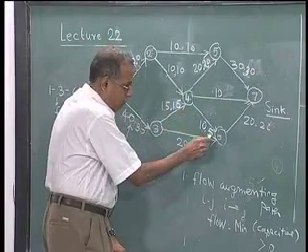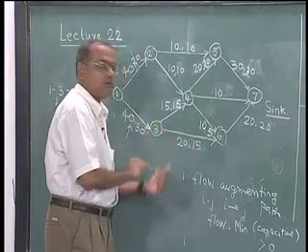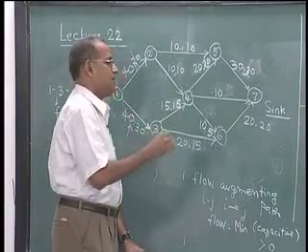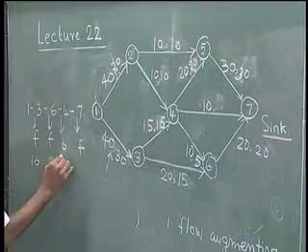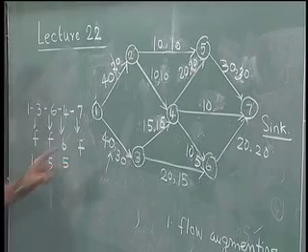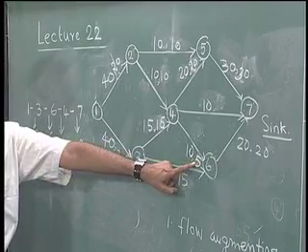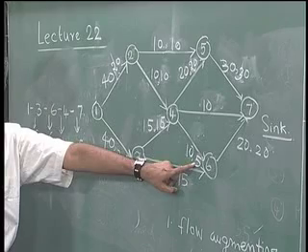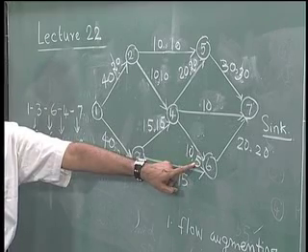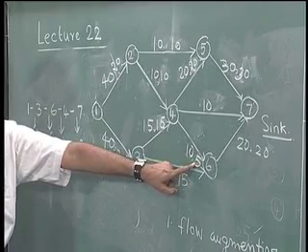So this flow of 5 can actually be reduced or diverted, and therefore we consider the possibility of considering only this flow if it is a backward arc, so that this flow can be diverted and the total flow can be increased.